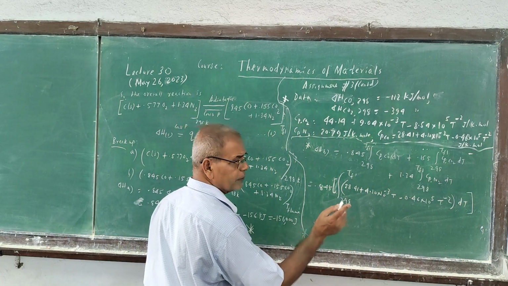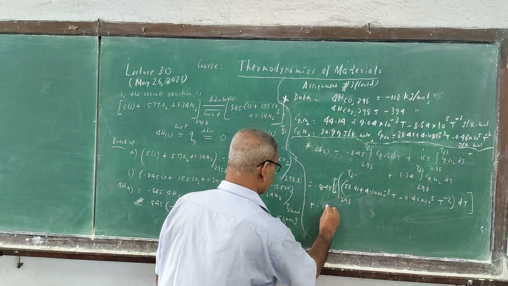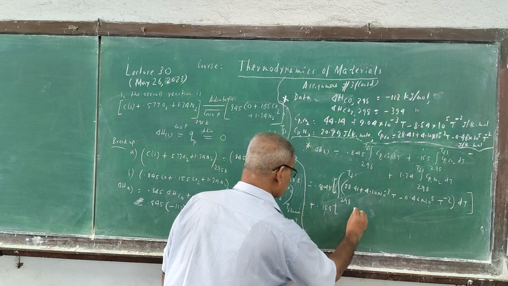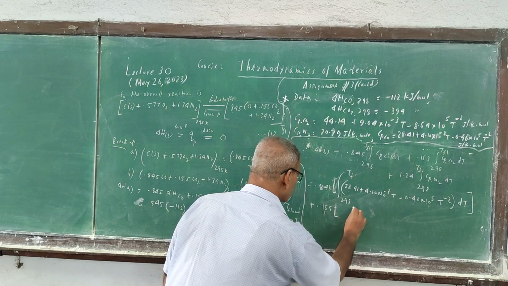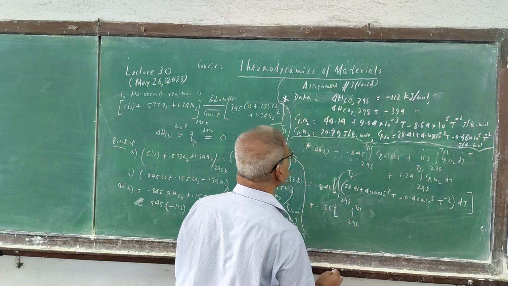Next, the second term is carbon dioxide, again similarly from 298 to T flame. What is the Cp of CO2?